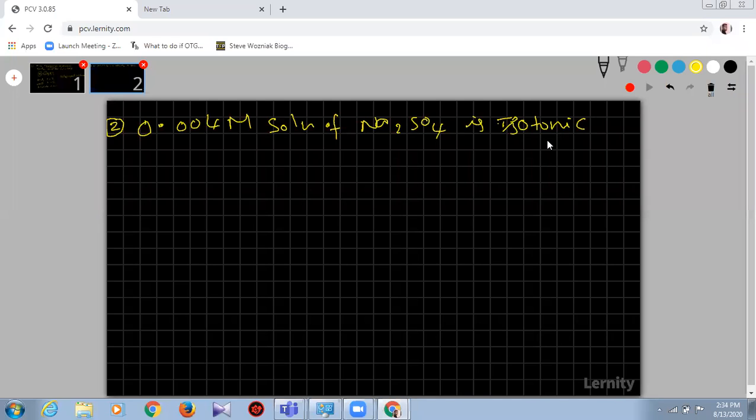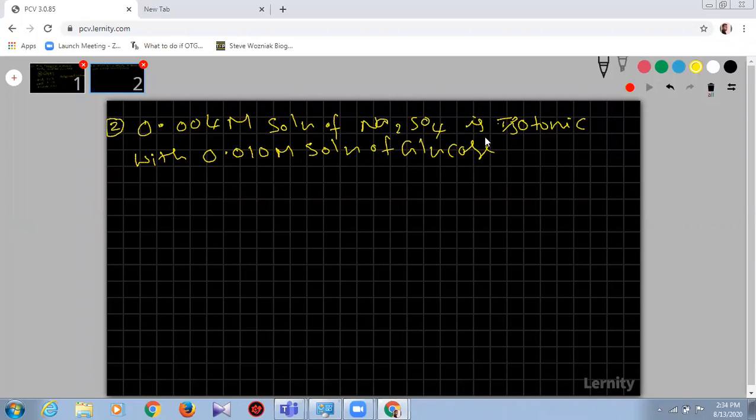Isotonic means what here? They are supposed to have the same osmotic pressure. Okay, this is the question.